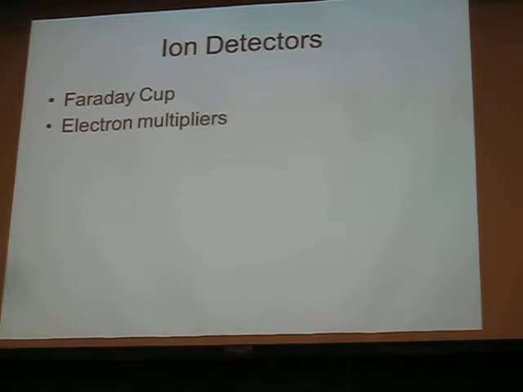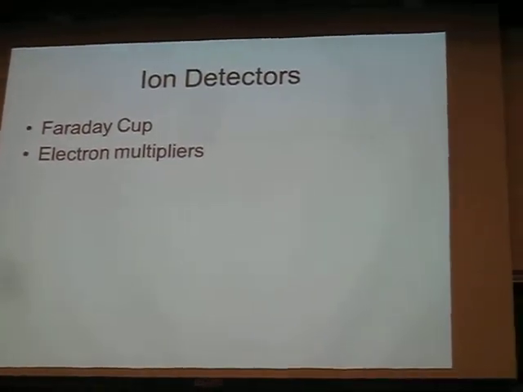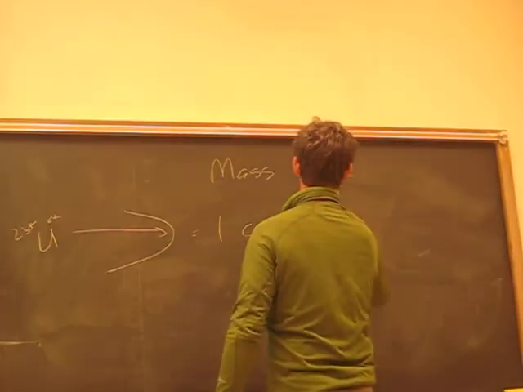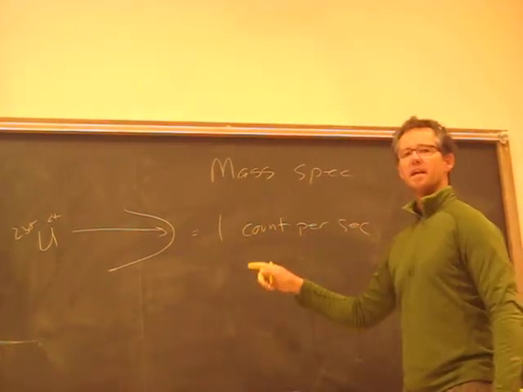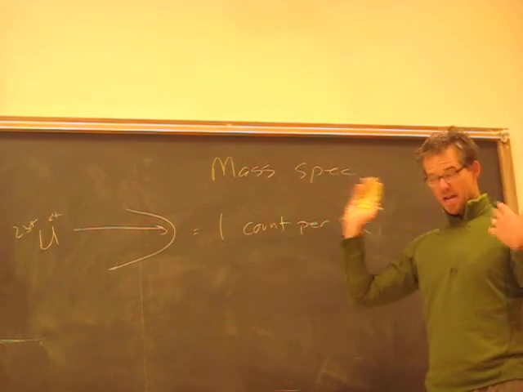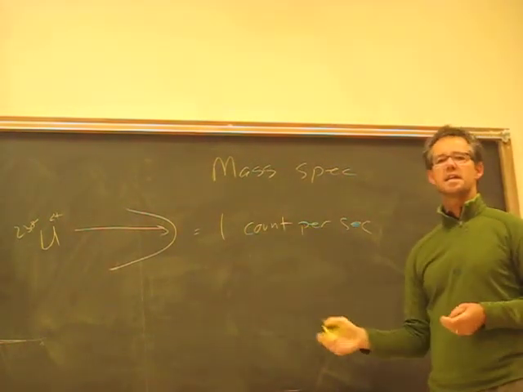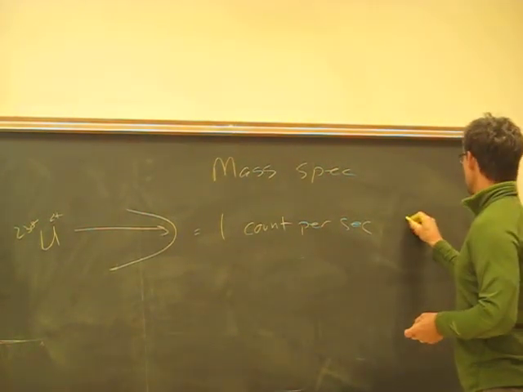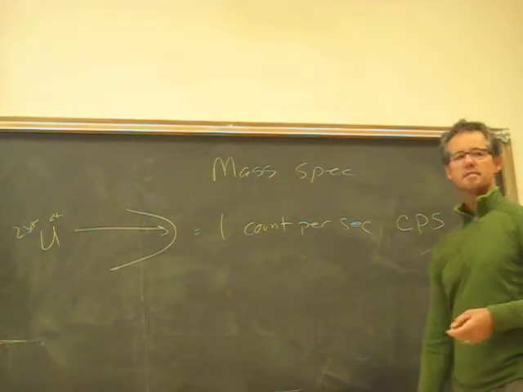And so when they characterize an ion that strikes the detector, that equals 1 count per second. So they're measuring a rate at which your analyte ion actually strikes the detector. And it's always expressed in counts per second.